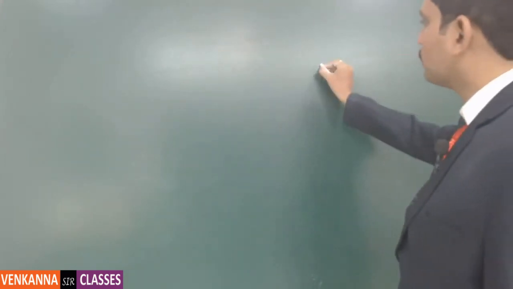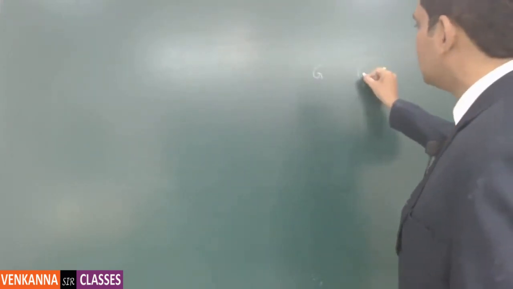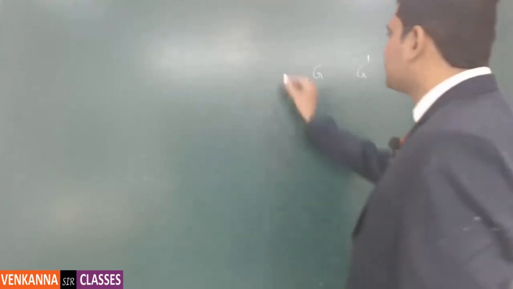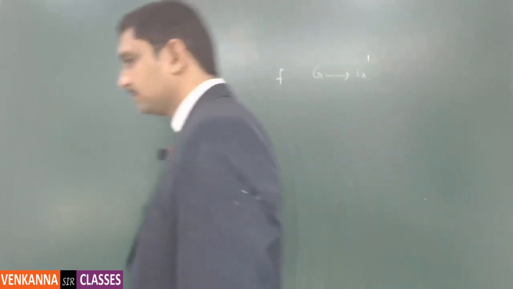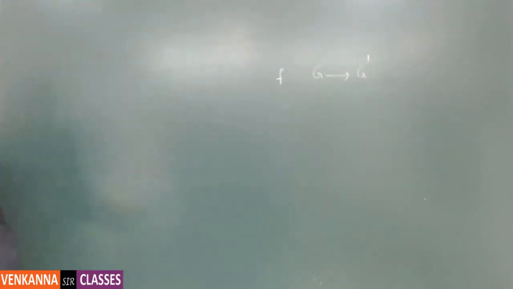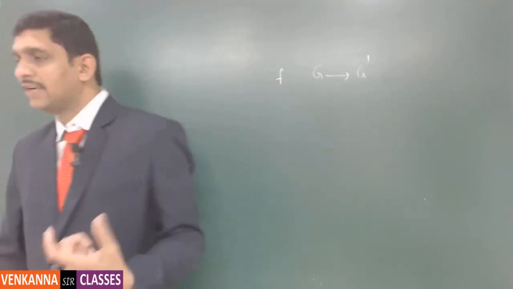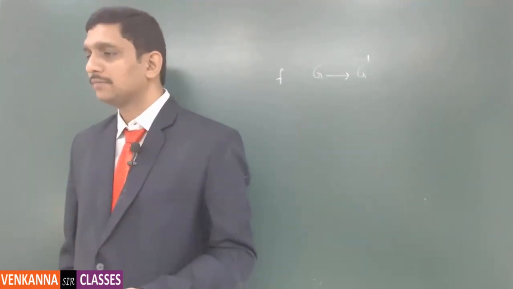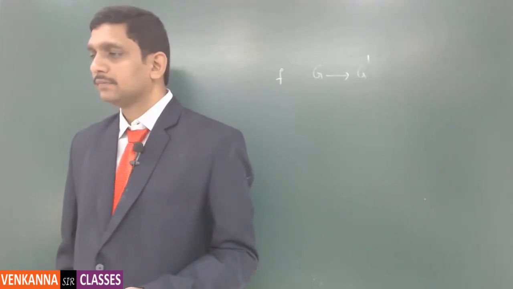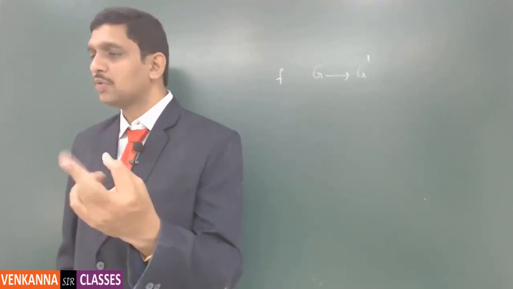I took two groups, G and G dash. By default, I took a homomorphism F between them. Okay, whichever sentence you want to write, I will dictate that, you can take a note of that. First, second, third, which one do you want to write? Among the three statements, 1, 2 or 3.